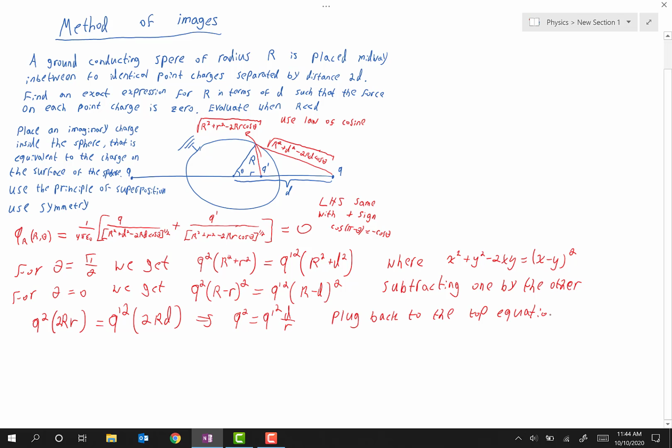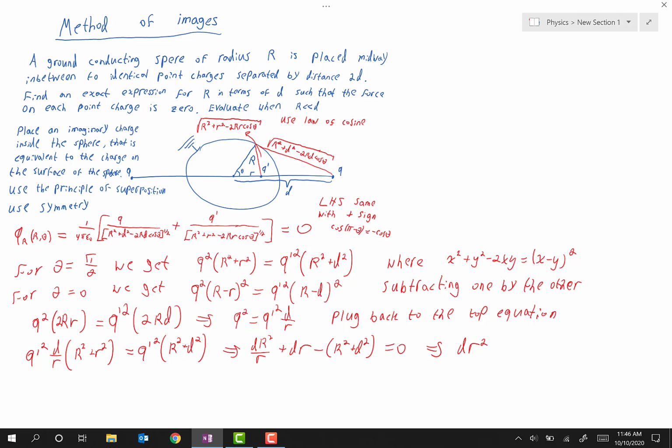Plugging the result back into the top equation, we see that the q prime squared term cancels out, and if we move everything to the left-hand side and multiply by small r, we get a quadratic equation: d r squared minus r (capital R squared plus d squared) plus d capital R squared is equal to 0.